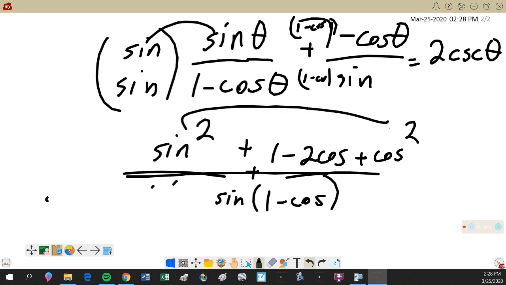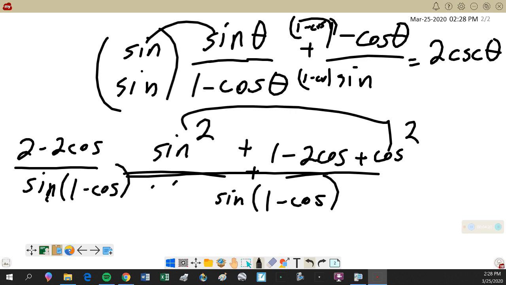So sine squared and cosine squared makes 1. So 1 plus 1, so 2, minus 2 cosine over sine times 1 minus cosine. Oh, look at that, it worked. Pull out a 2, 1 minus cosine, and the 1 minus cosine cancels 1 minus cosine, and I get 2 over sine, which is 2 cosecant. So it worked both ways, and there are probably more ways to do it, but those are the two that come to my mind.